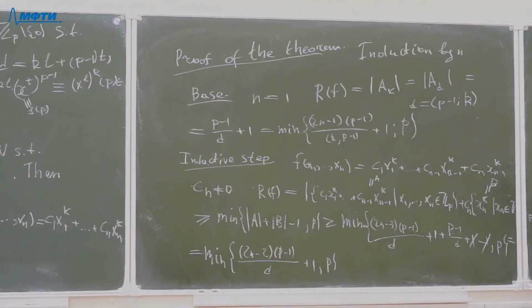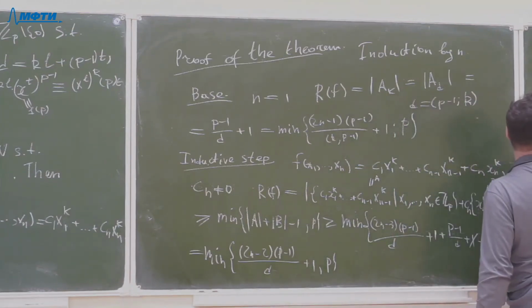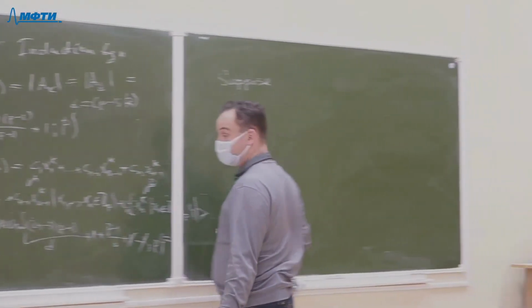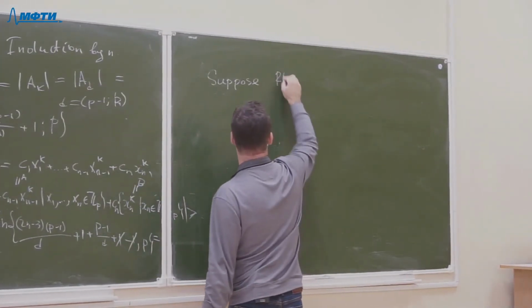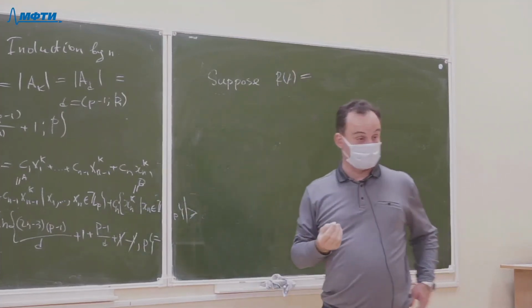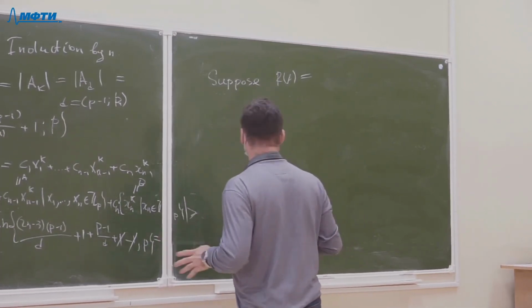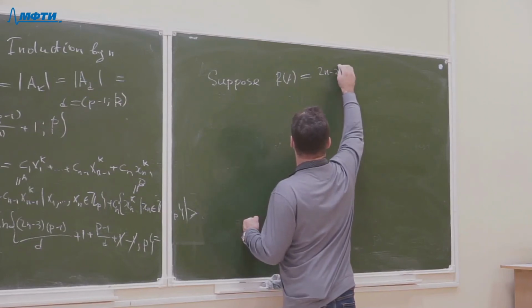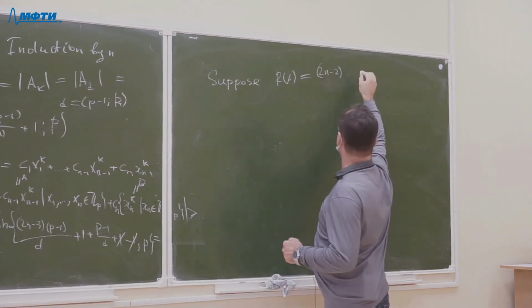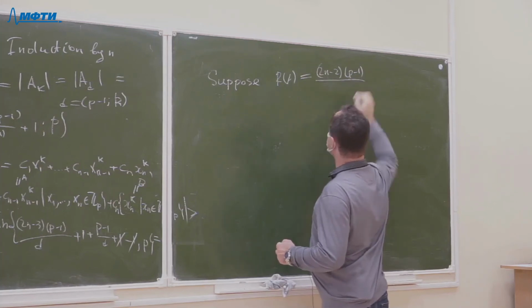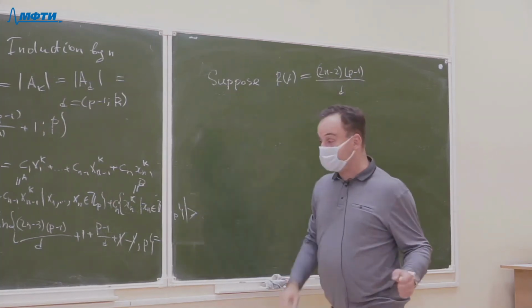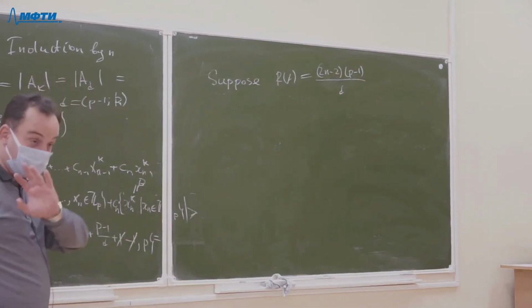Suppose the range of the form equals simply 2n minus 2 and (P minus 1)/D. If the minimum is attained by P, there's nothing to prove, right?